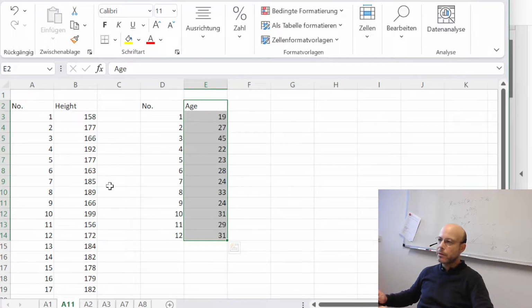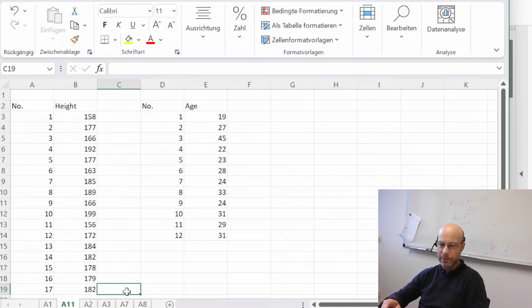Maybe you can also open your audio system. Yes, of course. This is absolutely right, just the definition of the arithmetic mean.